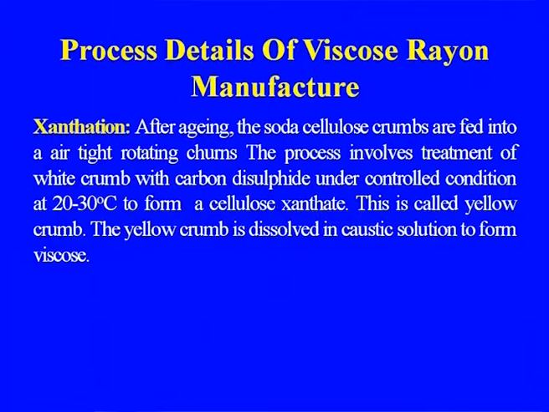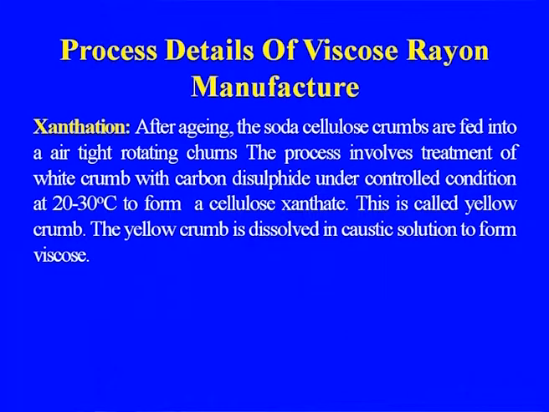This is the main reaction which is taking place in the case of viscose rayon, and that is one of the very important reactions, that is xanthation, where we are reacting with carbon disulfide. After aging, the soda cellulose crumbs are fed into airtight rotating churns. This is also a churning process.